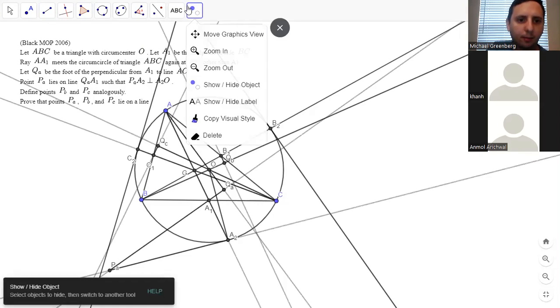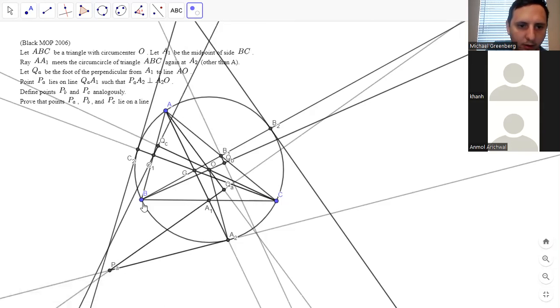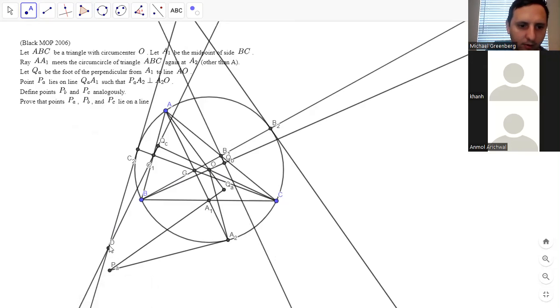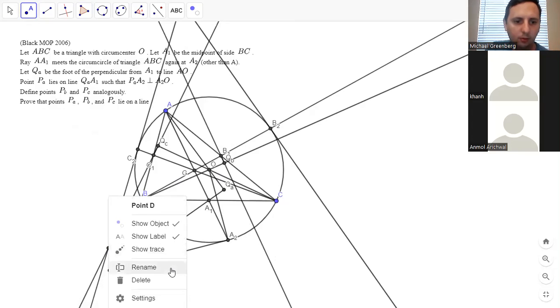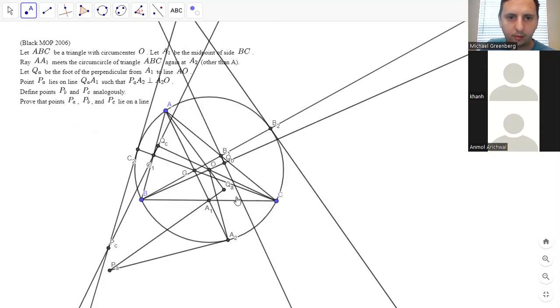Actually, I shouldn't have hid this. I should have drawn the whole line. So QBB1, I should have drawn the whole line and then see where it meets this tangent. This is PQ or PC. And the other one I think is going to be super far away. So it's going to be where these two intersect.